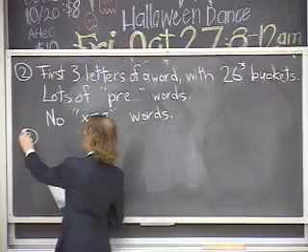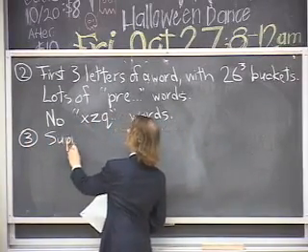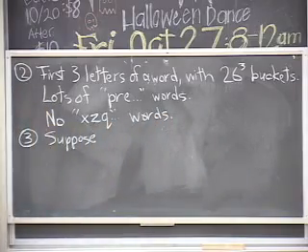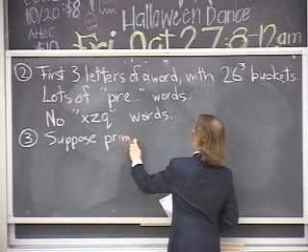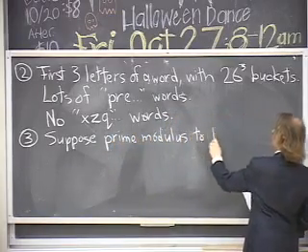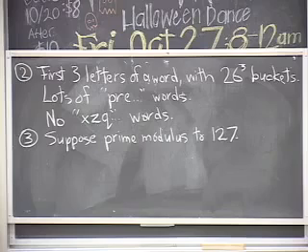As a third example of a bad hash function, suppose that we take our good hash function right there, and we just change the prime modulus. Well, to give the stupidest example possible, suppose I change the prime modulus to 127.